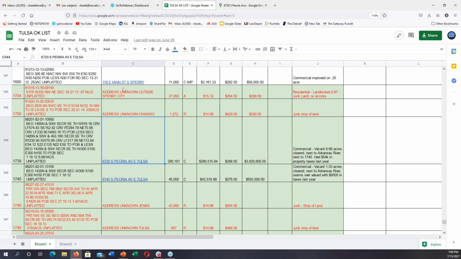In fact, if we would have realized that these properties would have sold for that, and if we weren't so focused on some of the structured properties, I think we would have tried to find the capital to invest in these two properties, because really they were the steals of the auction. Yeah, in fact, this was by far the best deal and the best purchase in the auction, on those most valuable properties.